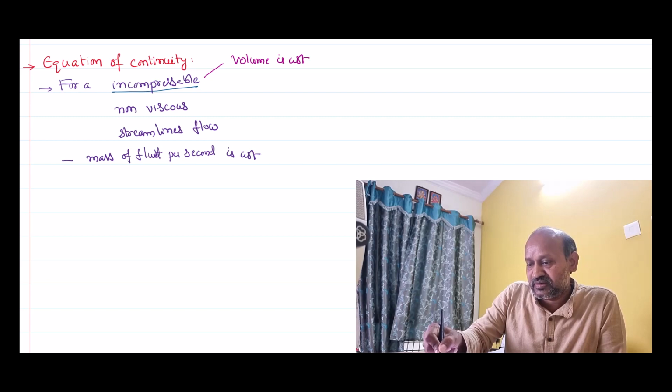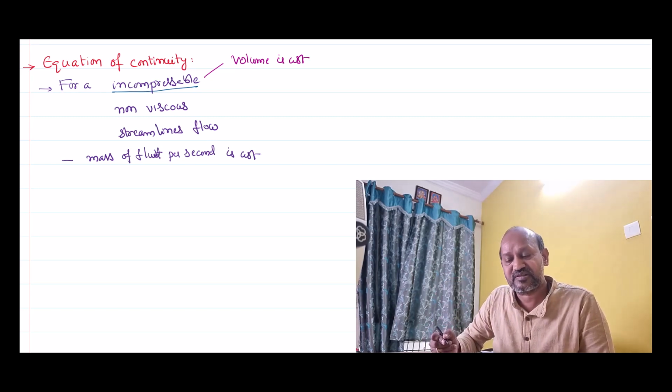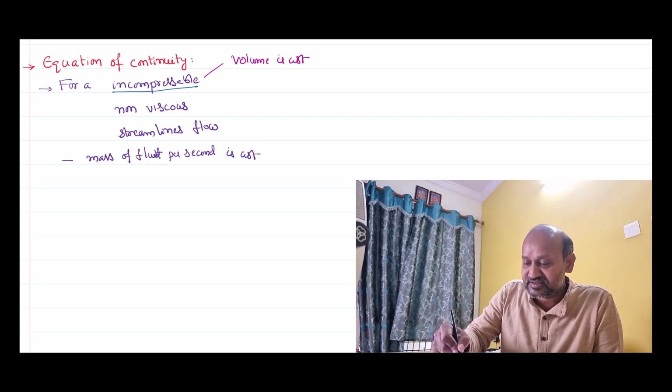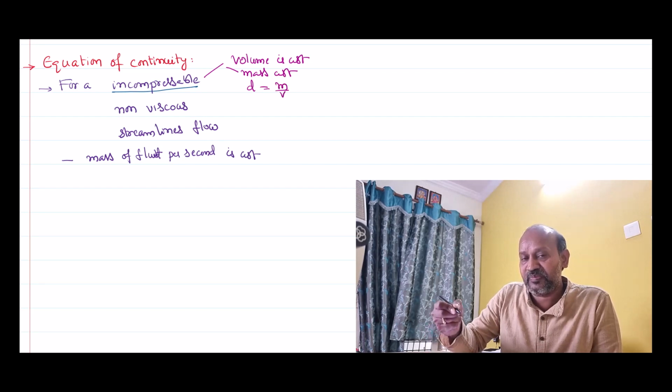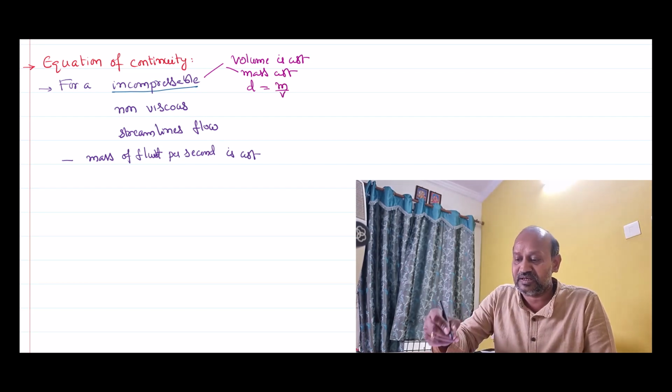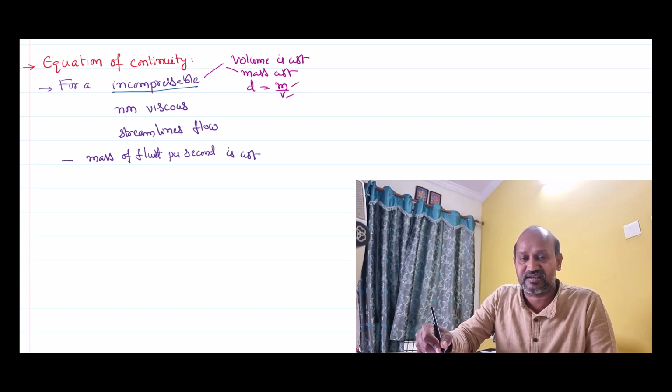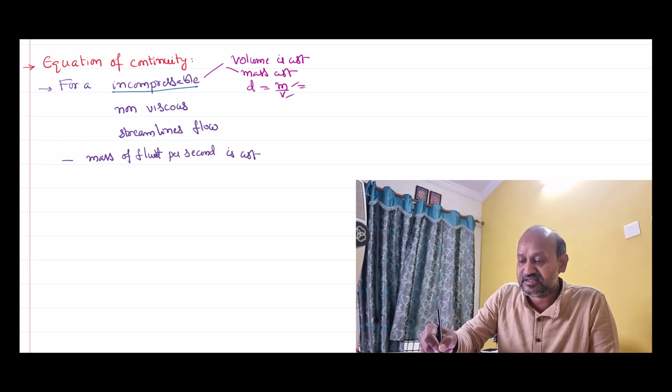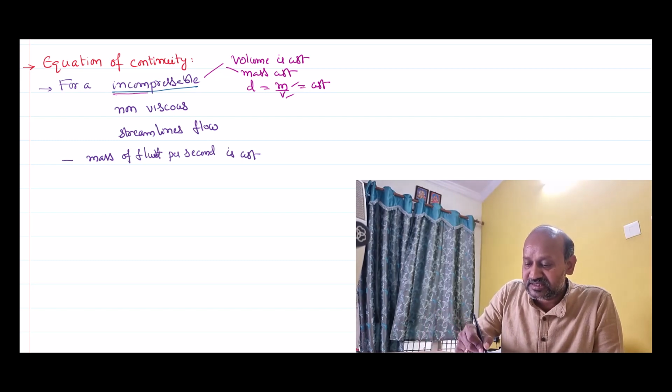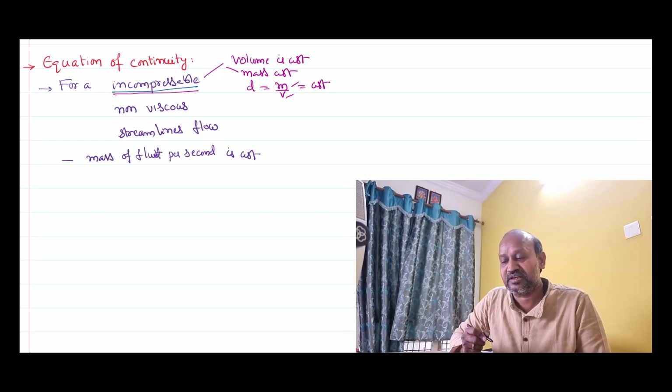Once you say its volume is constant, its mass is anyway constant because mass is always conserved. Density, you know the definition of density as mass by volume. As the fluid is incompressible, volume is constant and mass is already constant, and hence the density rho is constant. So when somebody says it's incompressible, he is telling you that its density is a constant. It's not variable. That's one thing.